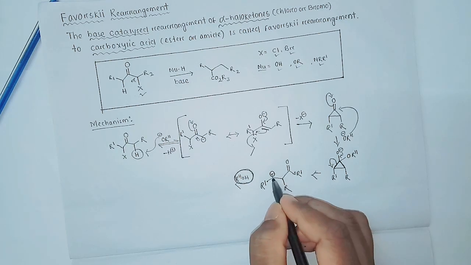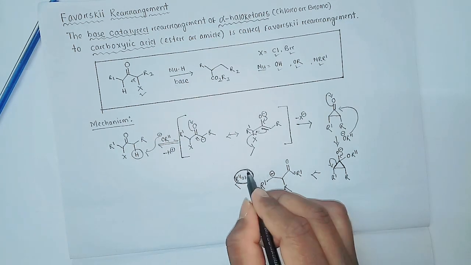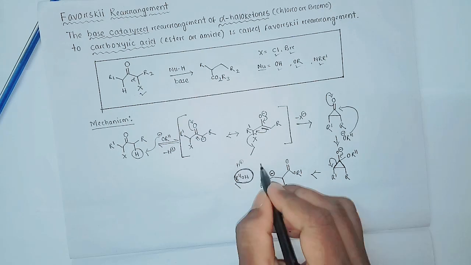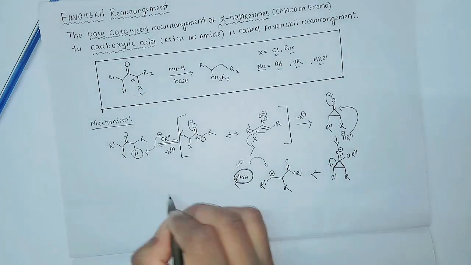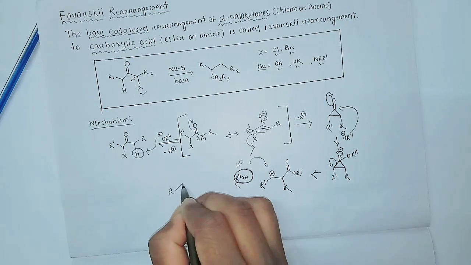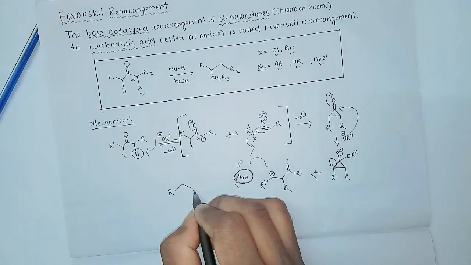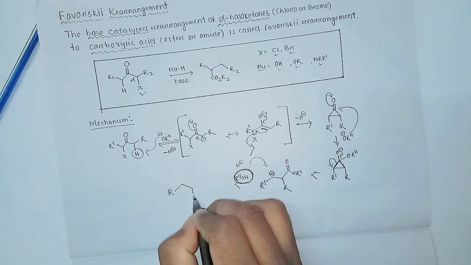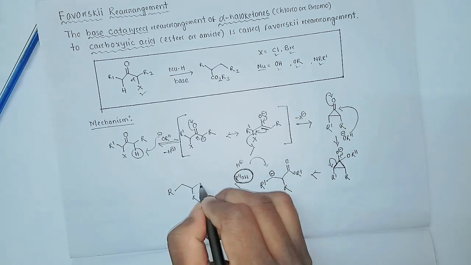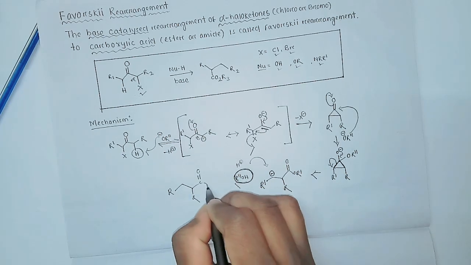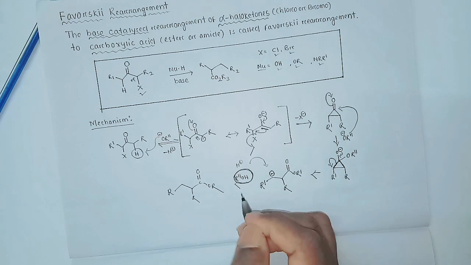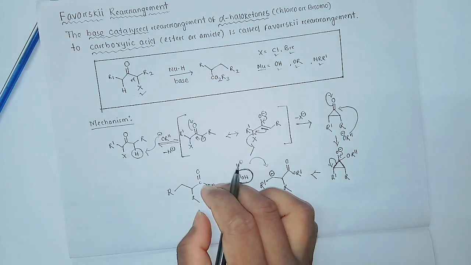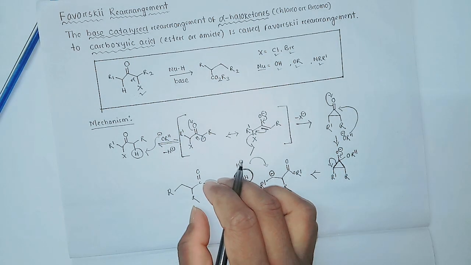Then this H plus ion will attack the nucleophilic center. So finally we get R, this is C double bond O, this is OR group. Okay friends, so this is the final product.